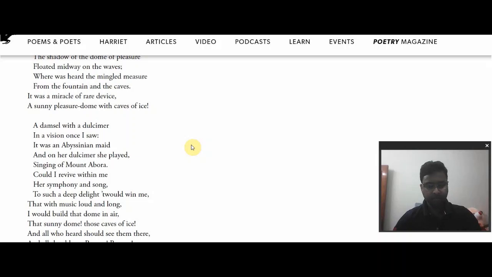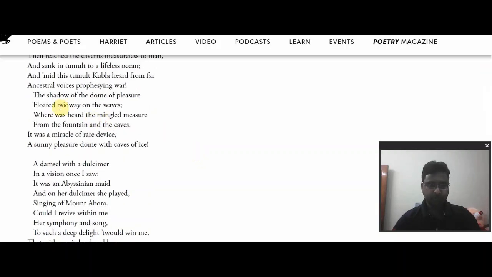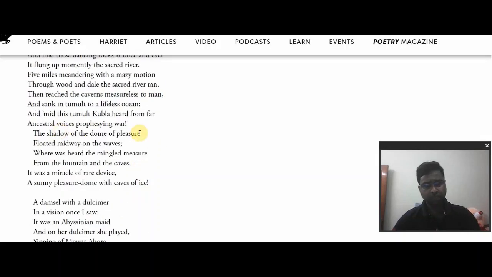Now in the first part we have seen that this pleasure dome is built by the order of Kubla Khan, but he was in a dilemma, whether to follow the path of art or to follow the path of violence. He in fact heard the ancestral voices professing war, the shadow of the dome of pleasure floating midway on the waves.